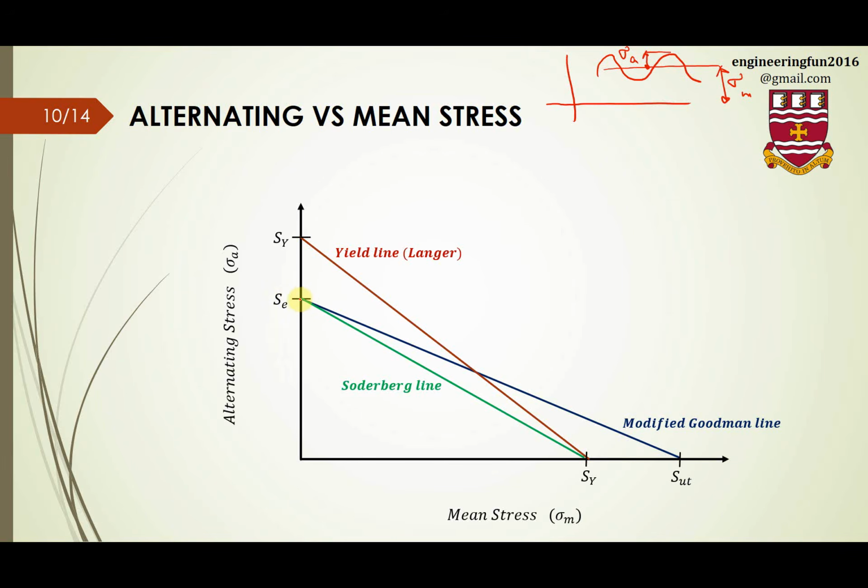So these scenarios that start from this point are somehow more conservative and better than considering Sy as our failure point. And when alternating stress is 0 here, we can use Sy because that's a static type of loading.